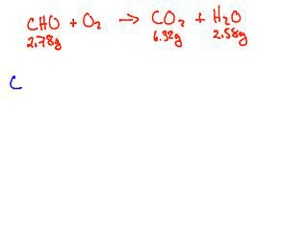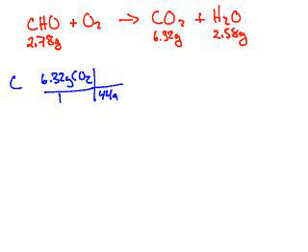So to do the carbon, you're going to take 6.32 grams of CO2 over 1 times 12 grams of carbon over 44 grams of CO2, and you get 1.72 grams of carbon.